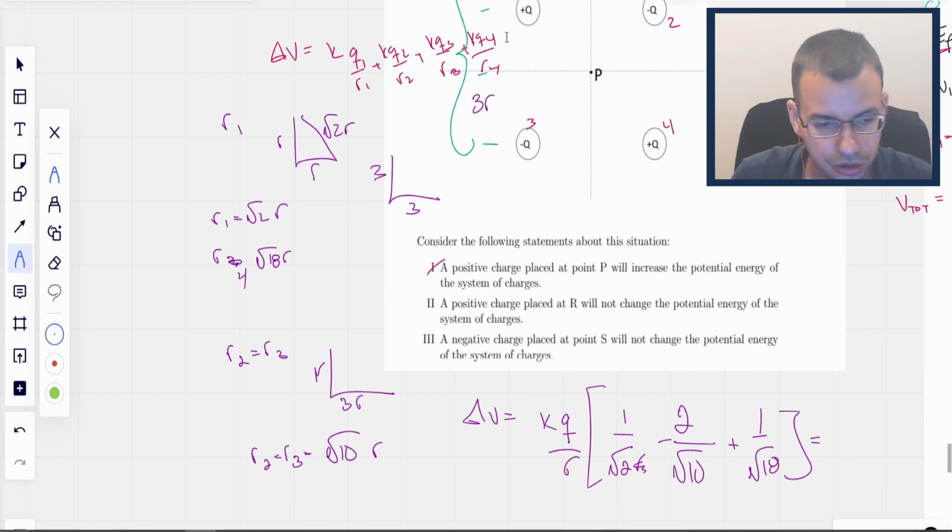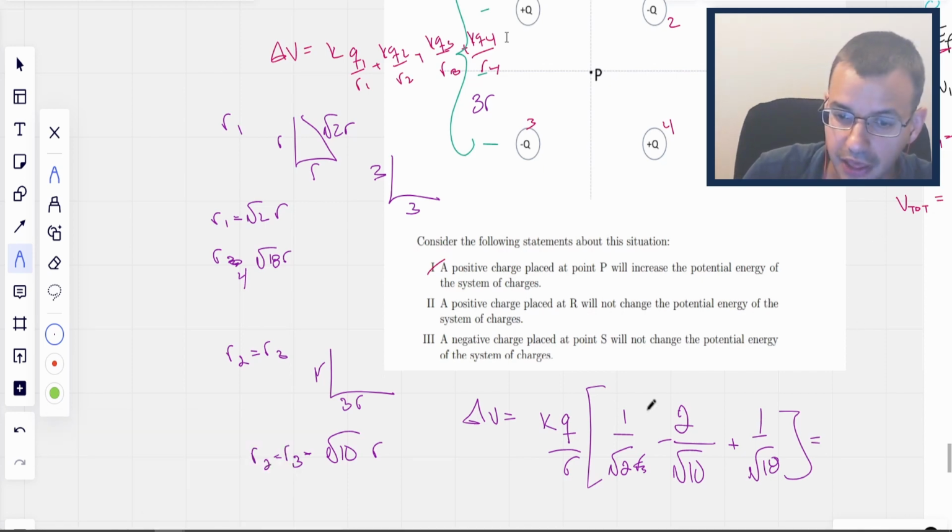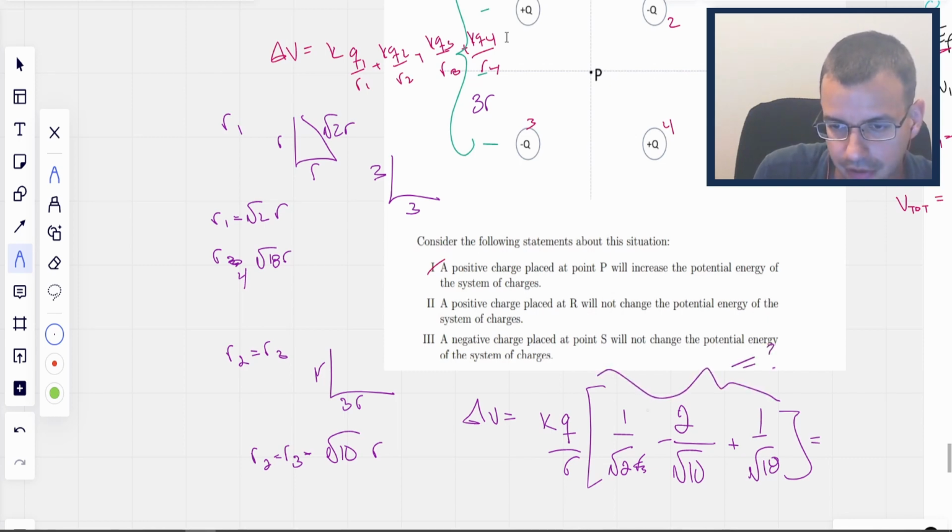And long story short, this is only going to equal 0 if this portion right here equals 0.